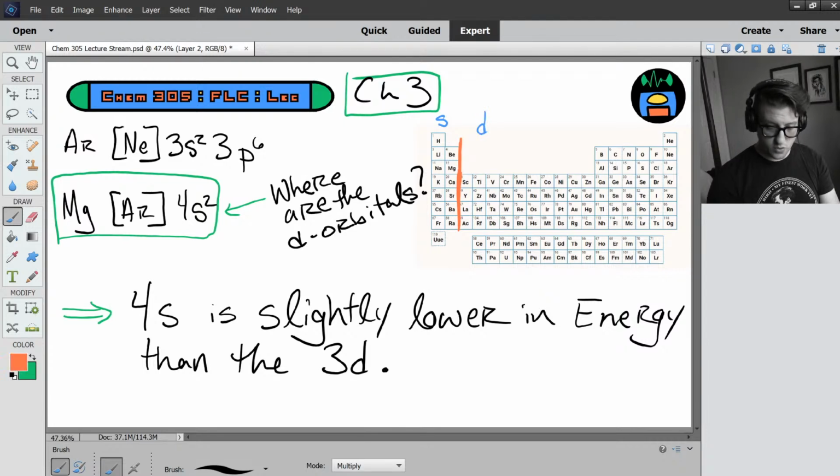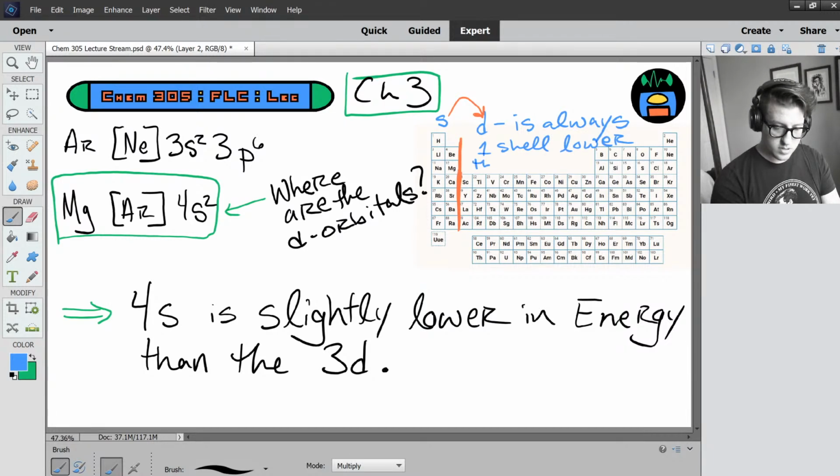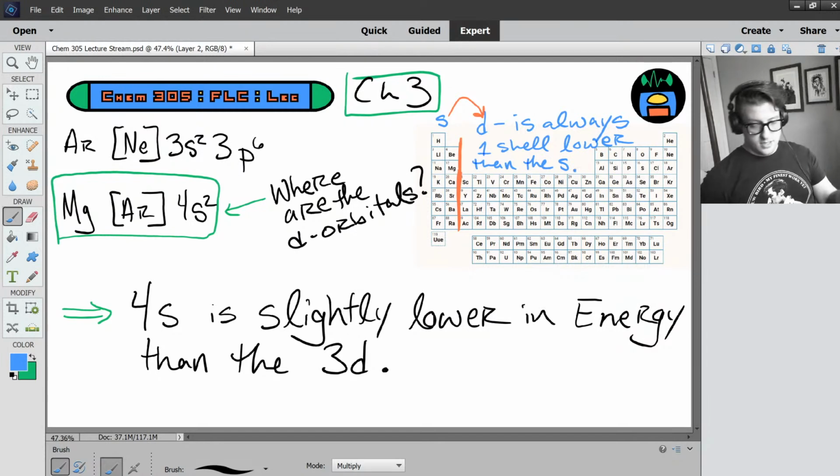When you cross over from the s block into the d block, this is the one thing you have to remember: the d subshell is always one shell lower than the s subshell.